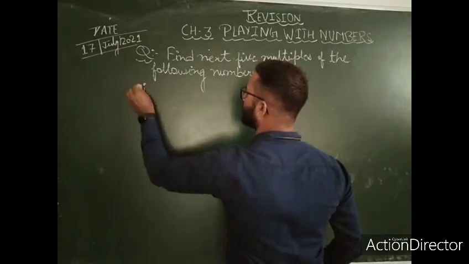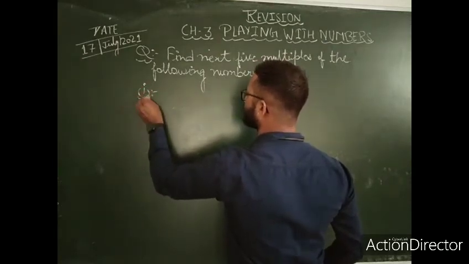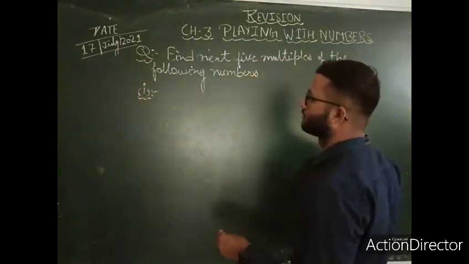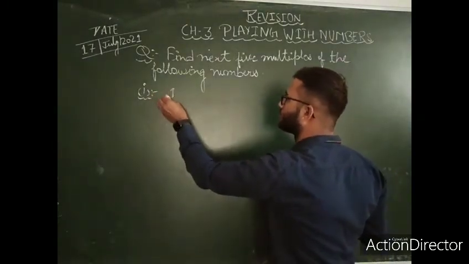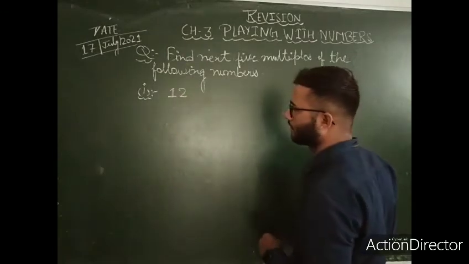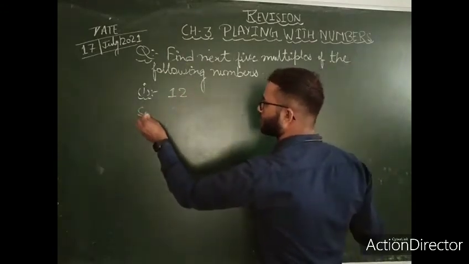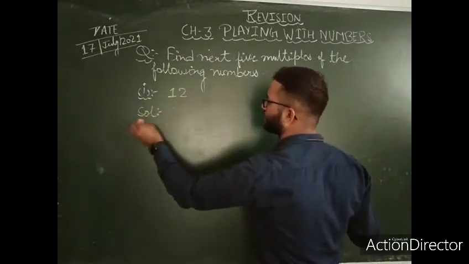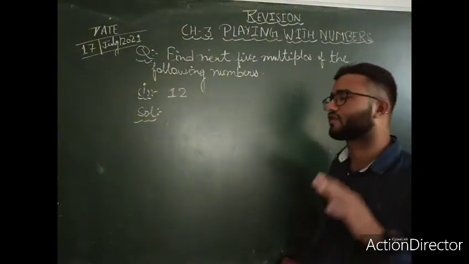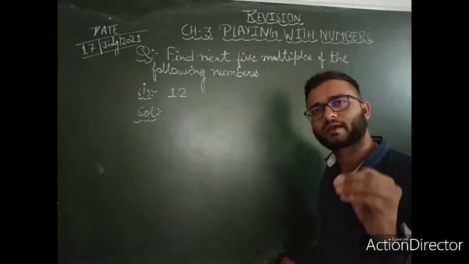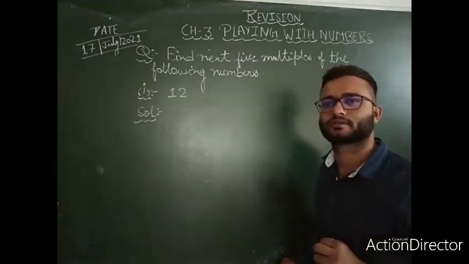Okay, so we take the first part of this question. Here we first take a small number like 12. We find the next 5 multiples of 12, and you all know that to find the multiples, we multiply 12 by natural numbers.